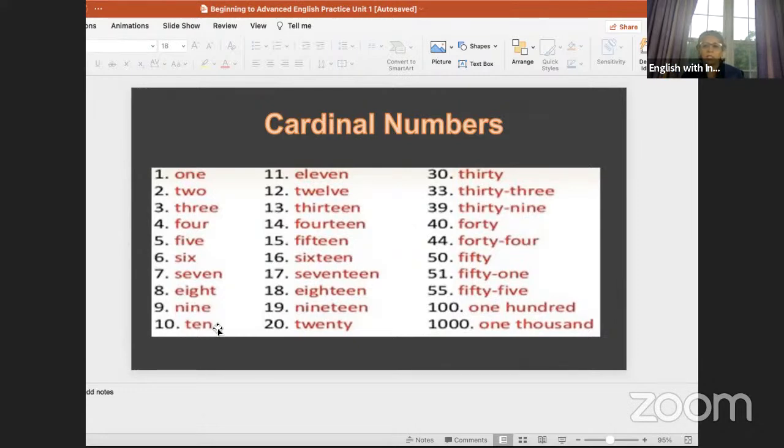Especially one thing I want to talk about is where you use the word numbers, especially when you are using the numbers in writing. For example, my four friends and I went out last night.